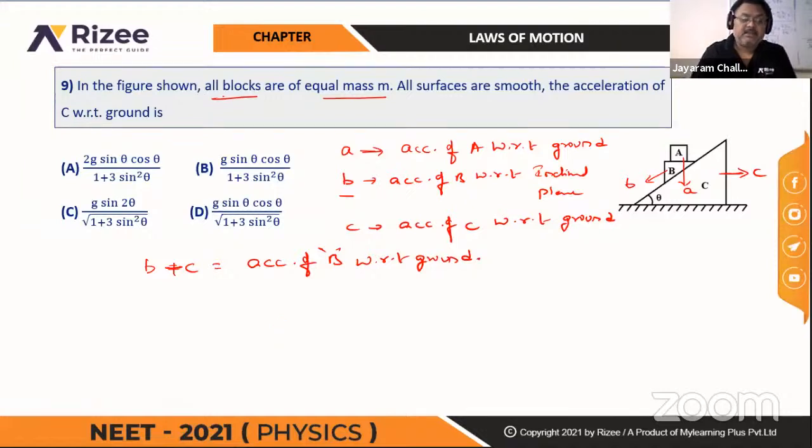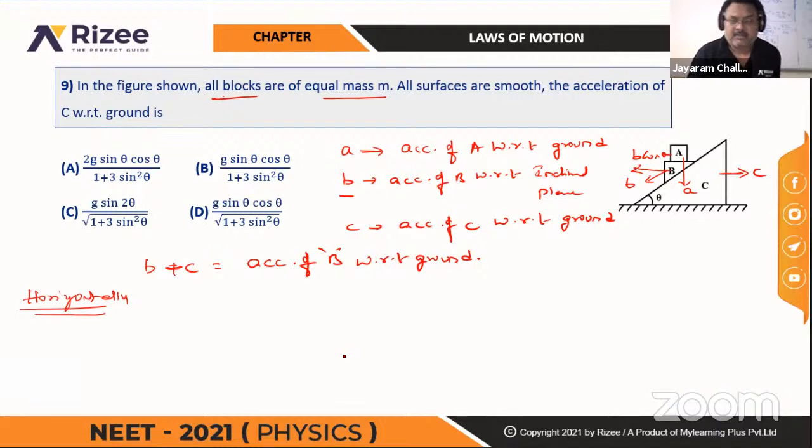After defining them, we need to obtain the relation between them. If we apply the force equation horizontally, one of the accelerations is in this direction. Since it is theta, B cos theta should be in this direction, right?